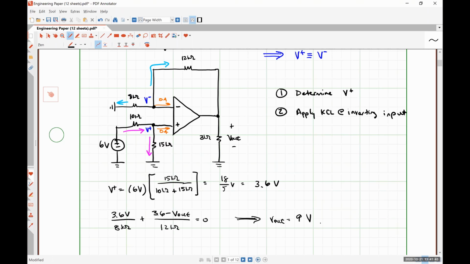All righty, so one thing that I want to point out here is that our output resistance of 3 kilo ohms, did that show up in any of our equations? Did we use it anywhere? That's one of the really interesting things about at least the analysis of an ideal operational amplifier, is that the loading resistance doesn't really affect the behavior of the circuit at all.